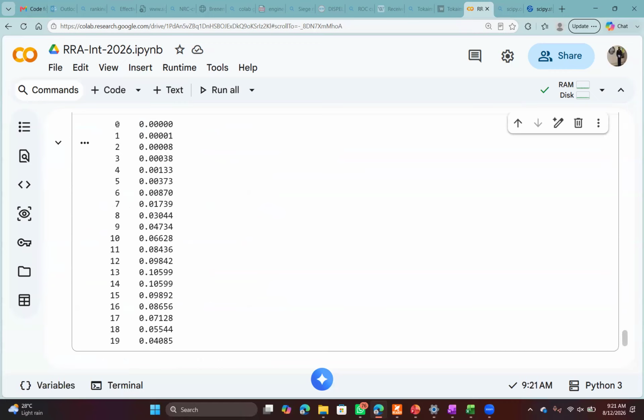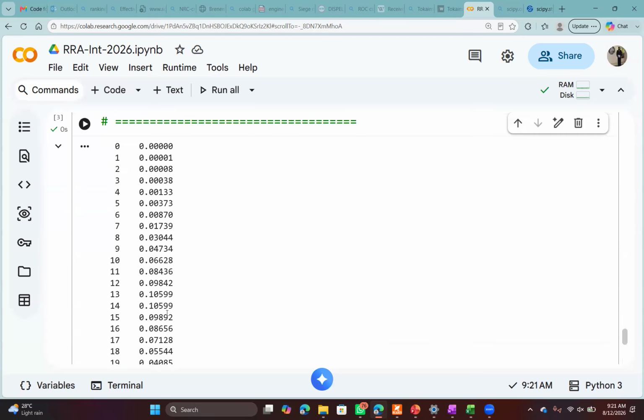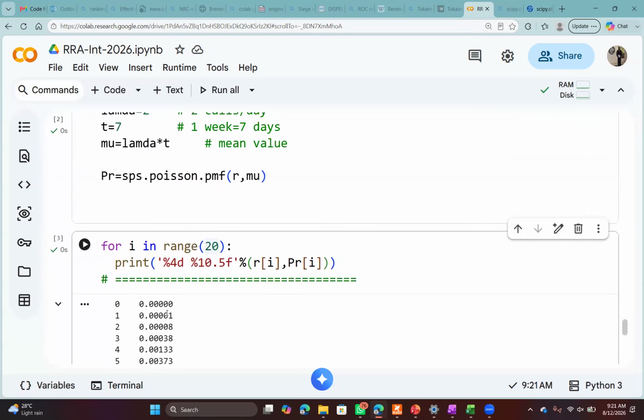So getting 0 calls in 7 days, getting 1 call in 7 days. So you will find the average number, that was 14. So we got this value, right? So it means the further probabilities are to be calculated, right?